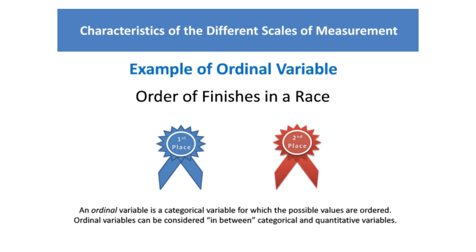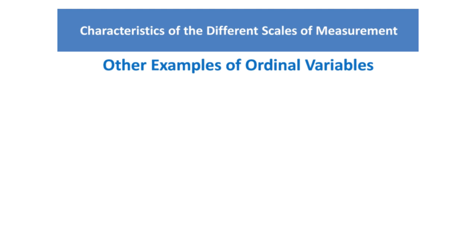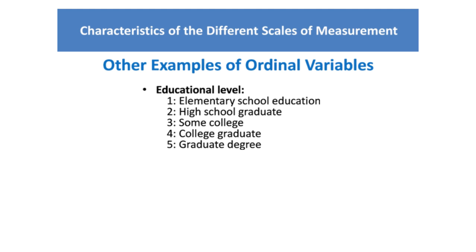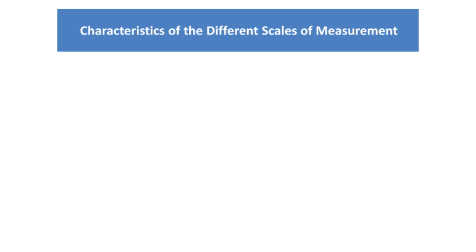However, we do not know the degree of difference. It could be that Tanisha won by 2 seconds or 20 minutes. Other examples of ordinal variables include education level and some survey question responses. The categories for each of these ordinal variables show order, but not the magnitude of difference between two adjacent points.